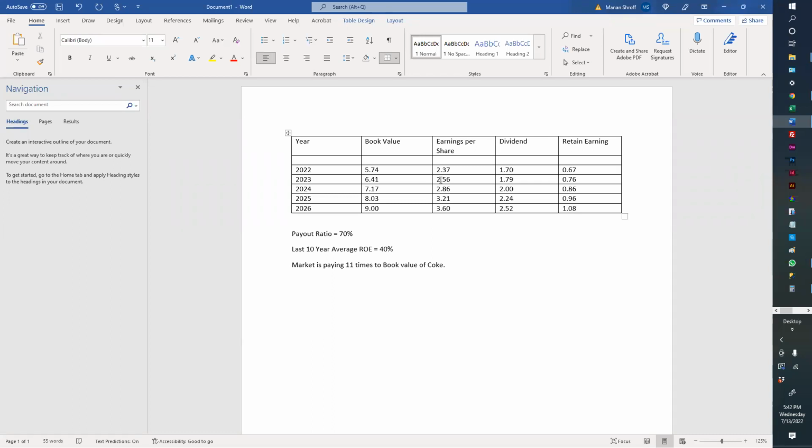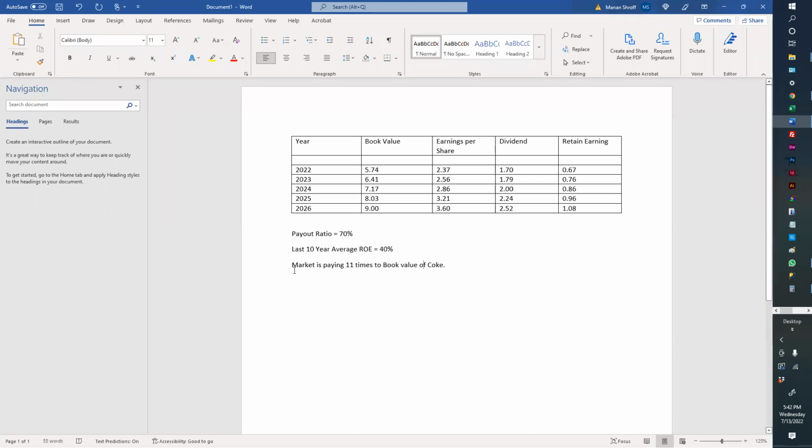And that's why for companies like these, which have been producing high return on equity for the last 10 years, you can use this calculation for the future 10 years. What would be the price of Coca-Cola 10 years from now? Now we will find out the price for 2026. Again, this is not an exact science, so we're going to get an approximate value.